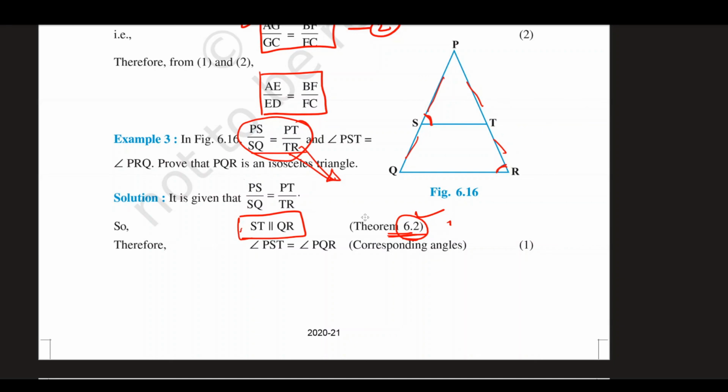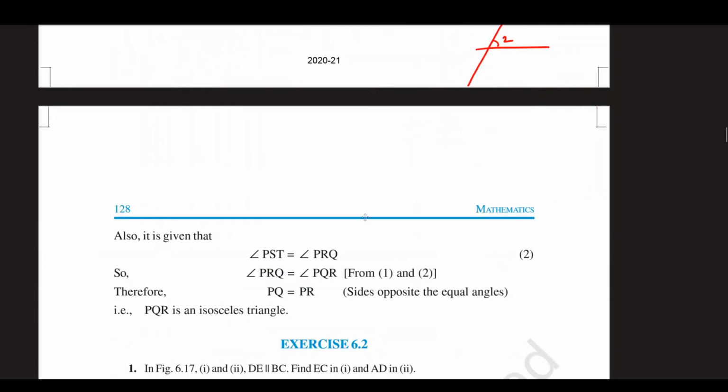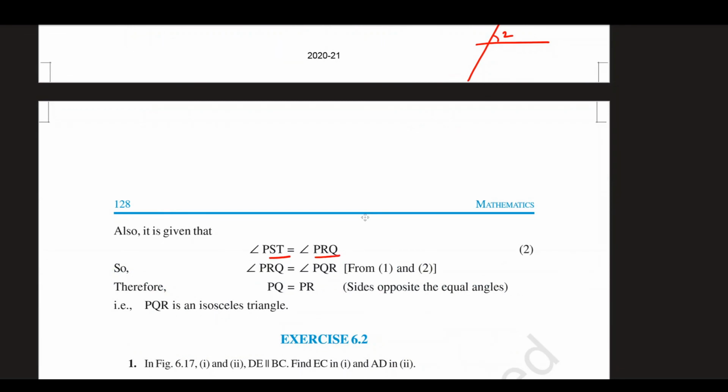And we know that if there are two parallel lines and a third line intersecting these two lines, then angle 1 and angle 2 will be the same. This is the corresponding angle property. So apply this, which means this angle and this angle must be the same. Now we get PST is equal to PQR, and in the question PST is given equal to PRQ, so PRQ is equal to PQR.